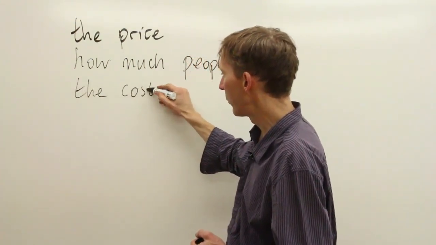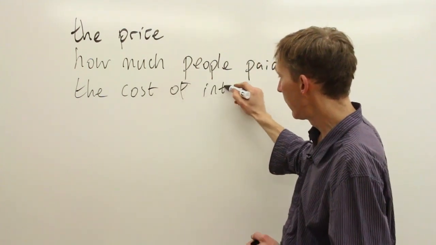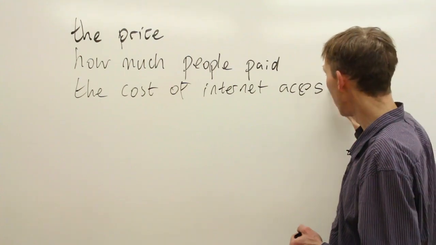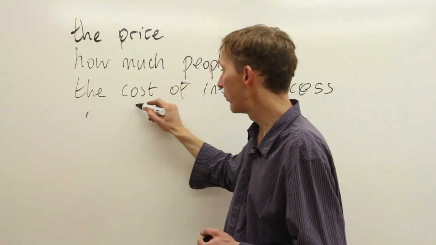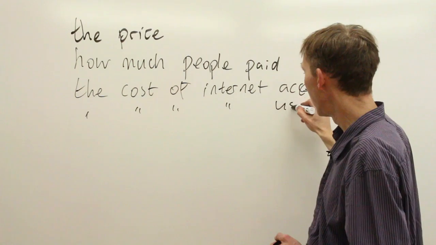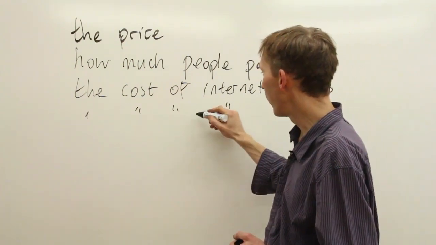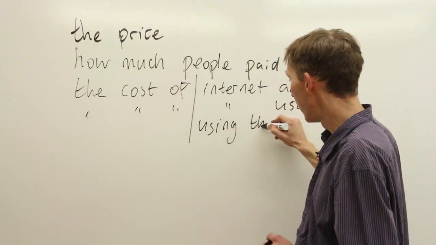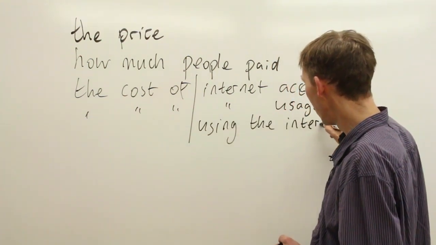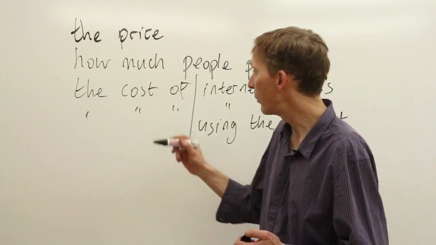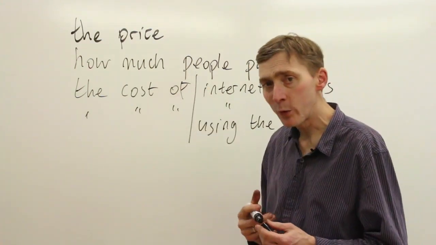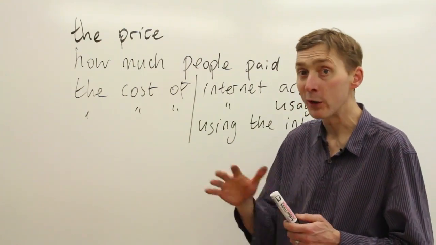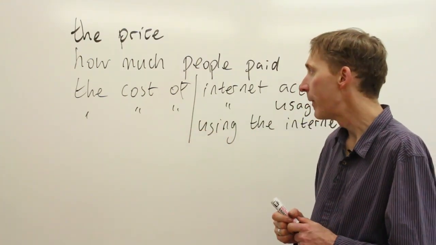We could talk about the cost of internet access, or the cost of internet usage, or the cost of using the internet. Okay, so we've got about four or five different ways of expressing that idea, which is different to the one in the question, or a little bit different to that in the question.